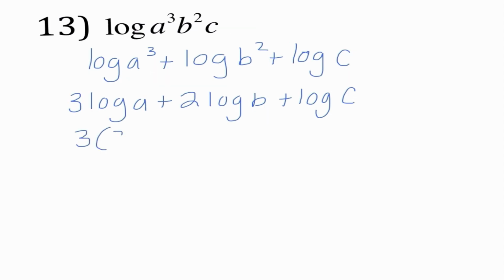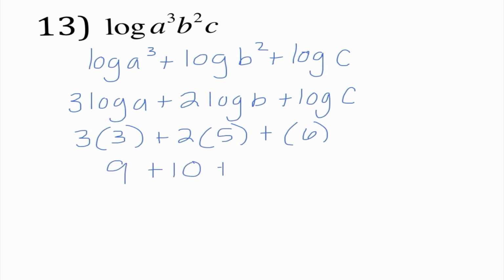So log of A was 3, log of B was 5, and log of C was 6. Now this becomes an algebraic expression. So I get 9 plus 10 plus 6, which gives me 25. So 25 would be our final answer.